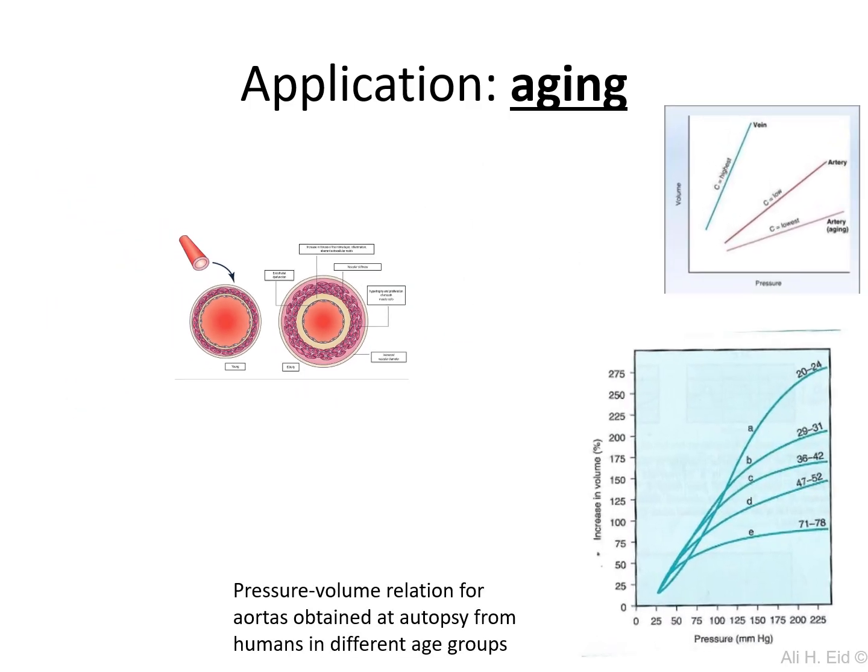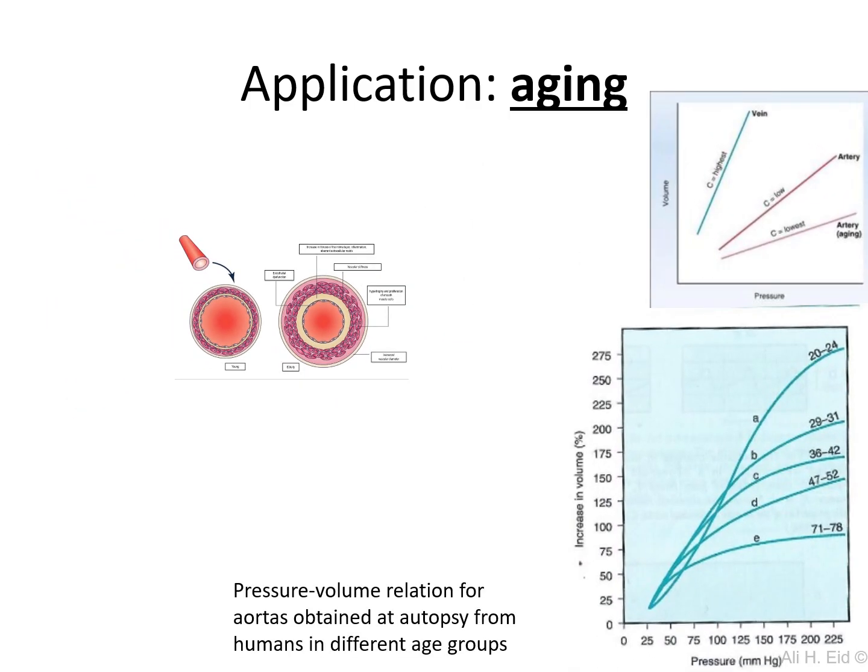And in fact, if you compare an artery of a healthy adult with that of an aging person, you would realize that the compliance is going to be reduced.